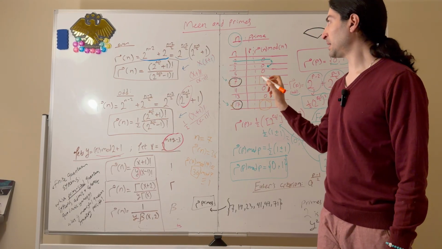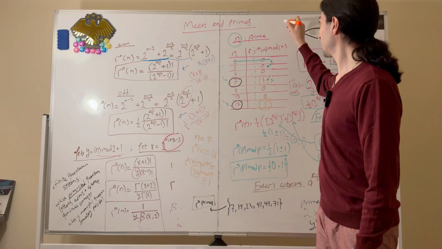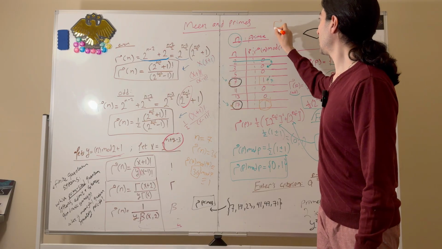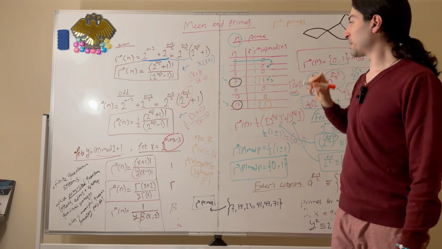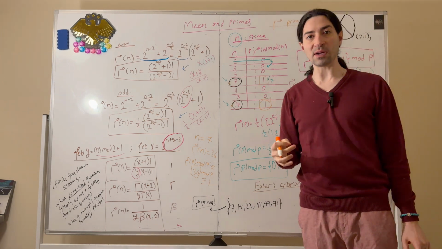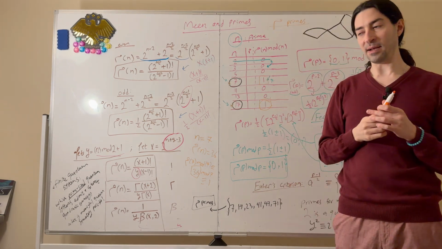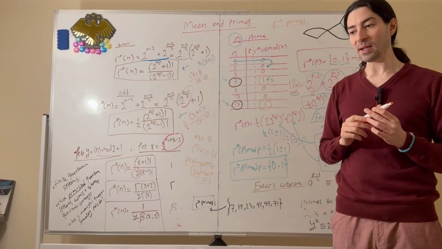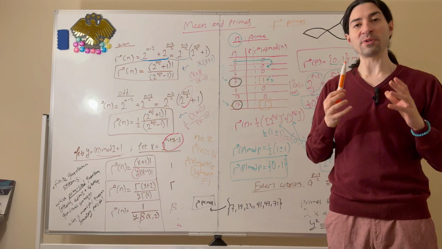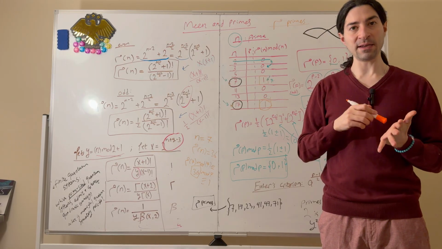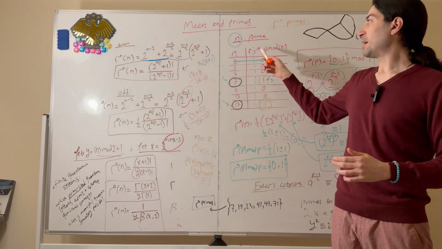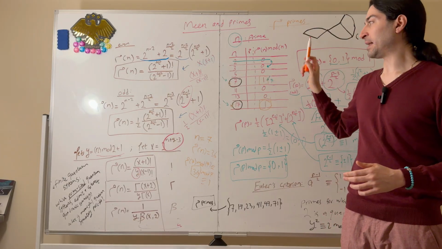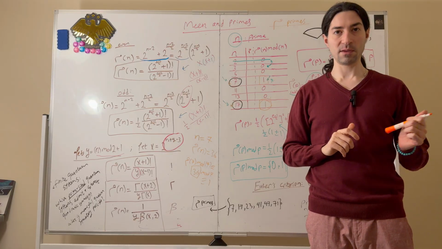We will call these the Meem primes. So what are the Meem primes? Those are the values of n for which Meem of n mod n is equal to 1.